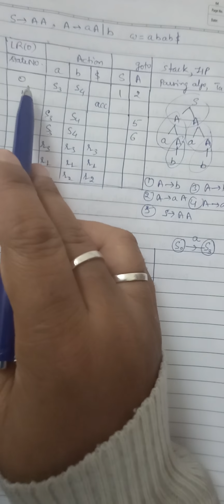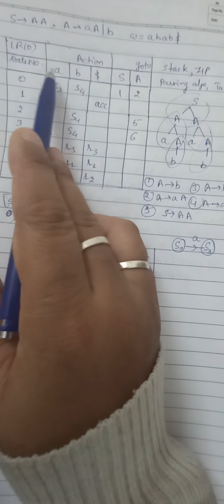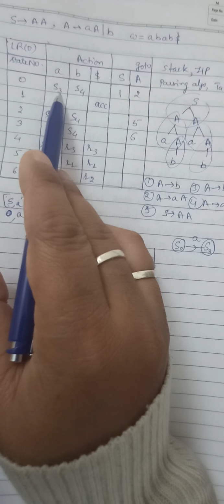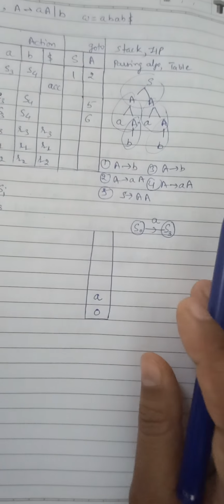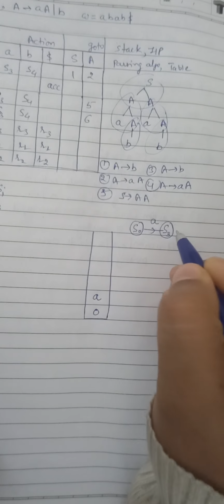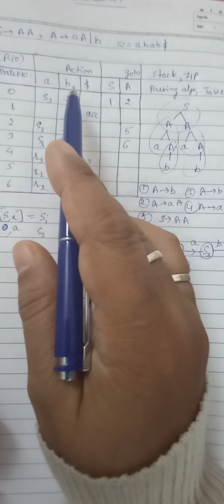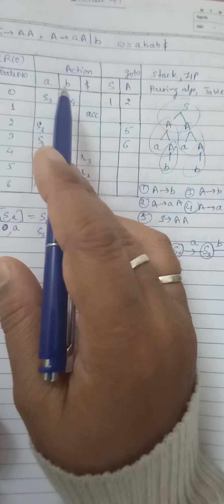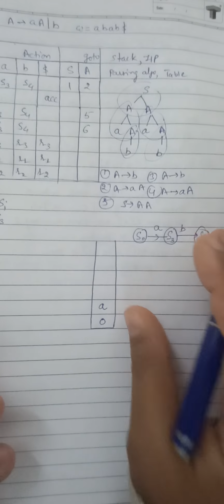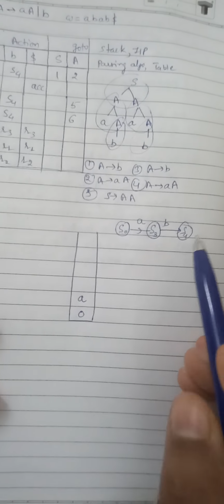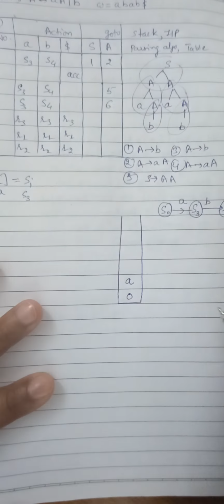From the table also, starting at the state number S0, for A production it is going towards S3. For B production, we are going from S3 to S4. In that way we can understand from the table that is given.